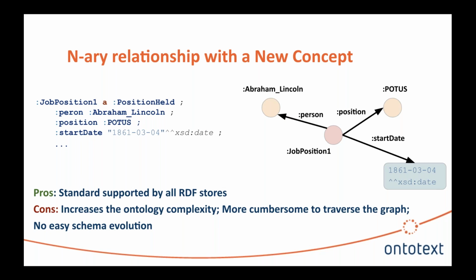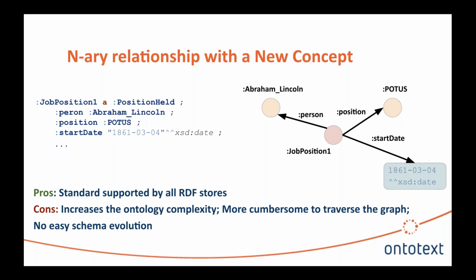Probably this is the most recommended way, and for all the users before GraphDB 9.2, this was the recommended approach for how to do this. It's very similar to the standard reification, but it's really creating a new type of concept in the ontology model.